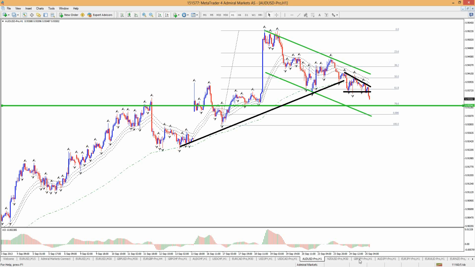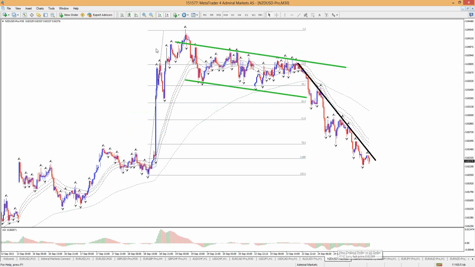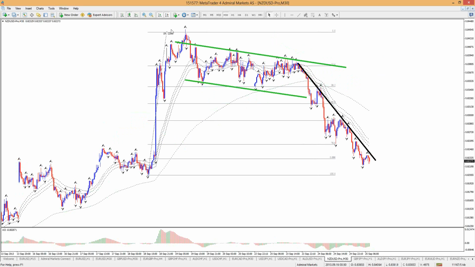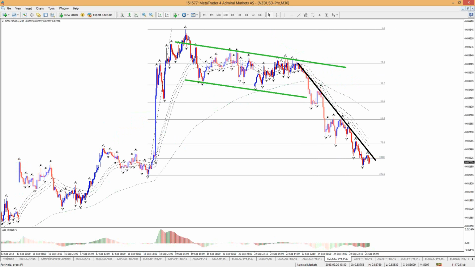Alrighty. Kiwi is really retracing deep. Not even the 886 seems to be holding. I was thinking about looking at this trend line, that very steep trend line, and seeing if it breaks for the upside. But even that's not happening.